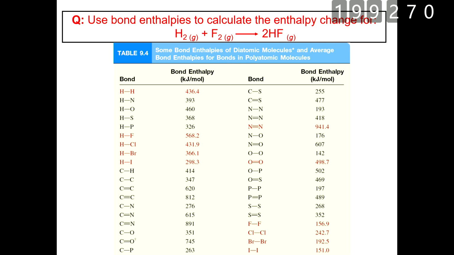Okay, so here's the question. Use bond enthalpies to calculate the enthalpy change for this reaction. This table gives you the bond enthalpies of the reactants and the products.